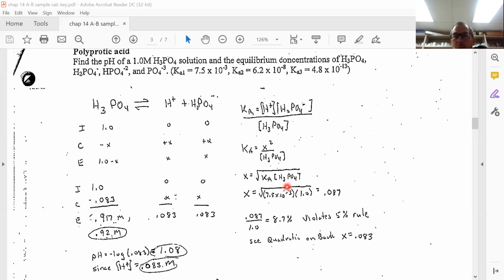I plug that in, I get 0.07, and I check and say, hey, this is a violation of the 5% rule. So I'm going to actually not do the algebra with the 1.0 minus X. Chances are you will not have to do that on an AP test, but we'll just take a look at how that's done.